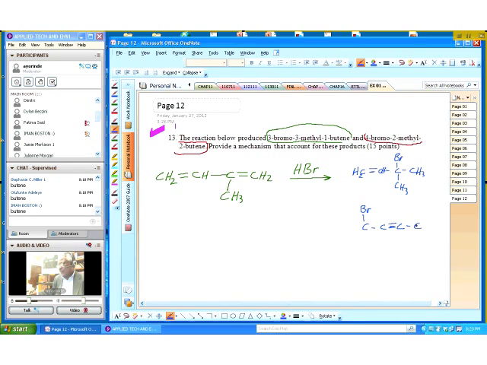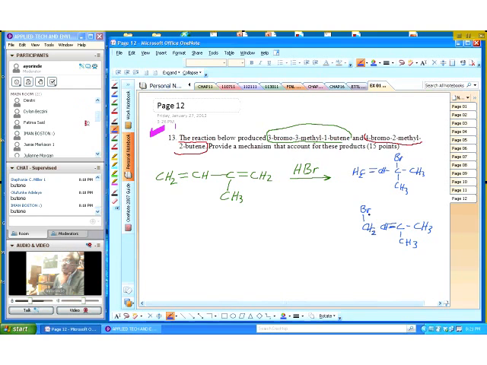And then they say 2-methyl, so the methyl is here. Now let us complete the molecule. CH3 here. You need hydrogen here, and here we need 2 hydrogens. Okay, these are the products.